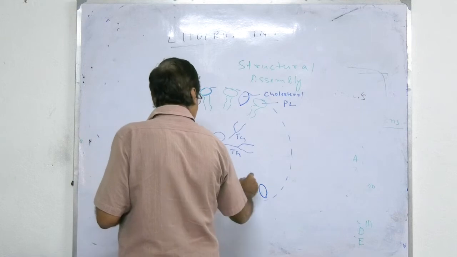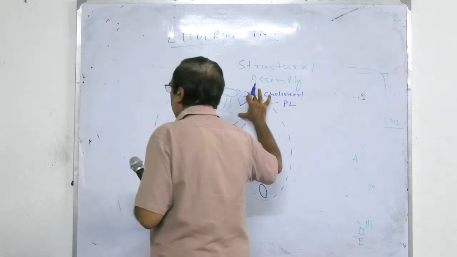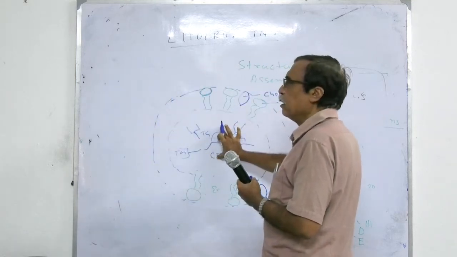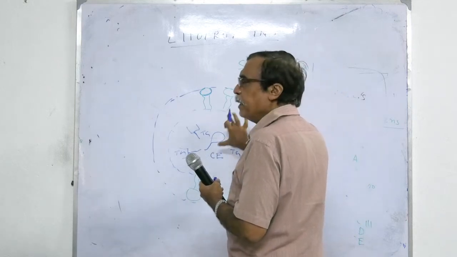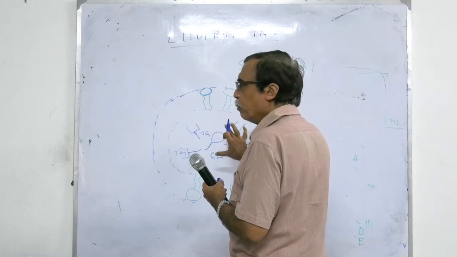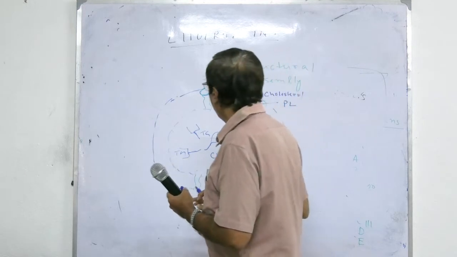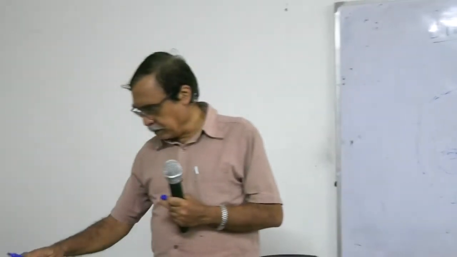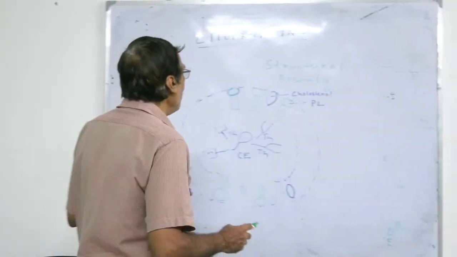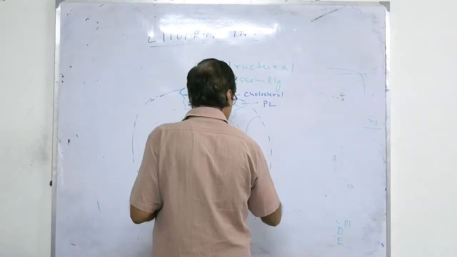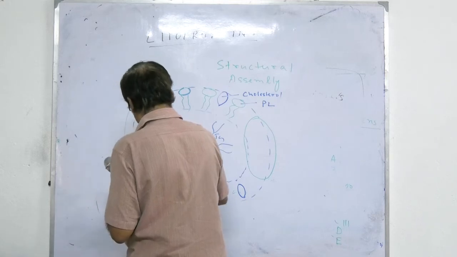Now this is the structural assembly of the lipids. These are the amphipathic lipids, these are the non-polar lipids. Outside is the amphipathic, and inside, the core of the lipoprotein, there are totally non-polar lipids. And proteins will be present in the periphery, because proteins are soluble.